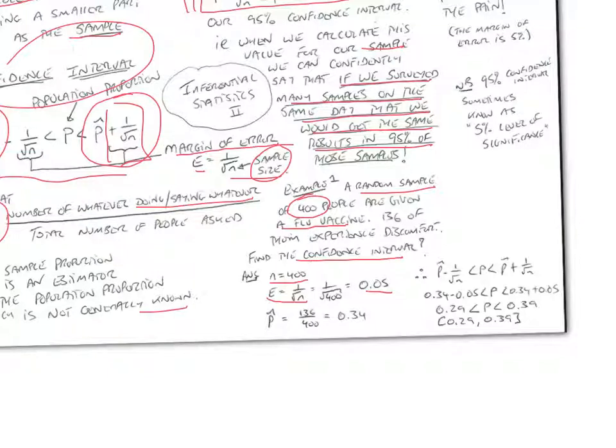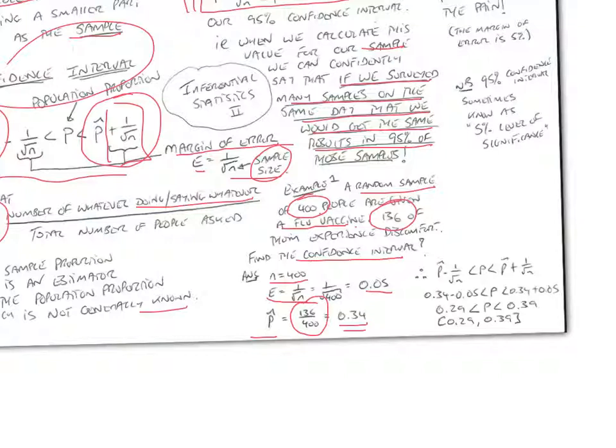Then we calculate p hat. In this instance, a random sample of 400 people are given a vaccine, and 136 of them experience discomfort. So p hat is the sample proportion who experience the discomfort. So it's 136 over 400, which is 0.34.